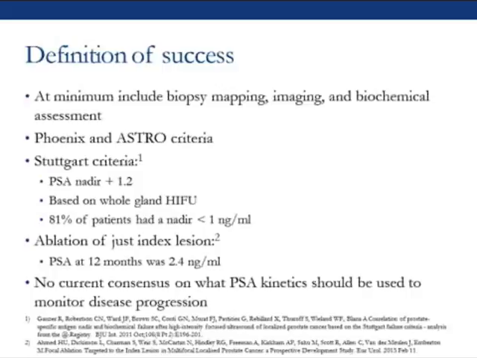And in that previous study that I showed with Dr. Ahmed, where they just did that focal lesion ablation, the PSA with the mean at 12 months was 2.4, so I'm not sure that's a good criteria for that either. So there's no real current consensus on what PSA kinetics should be, or how they should be used to monitor disease progression with focal therapy.